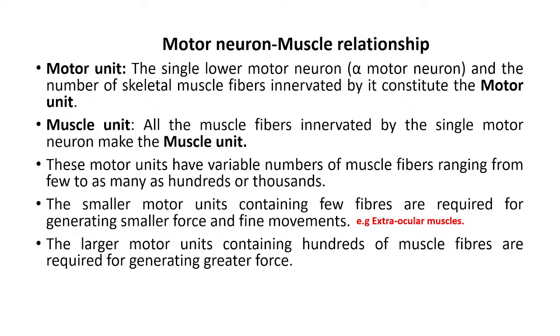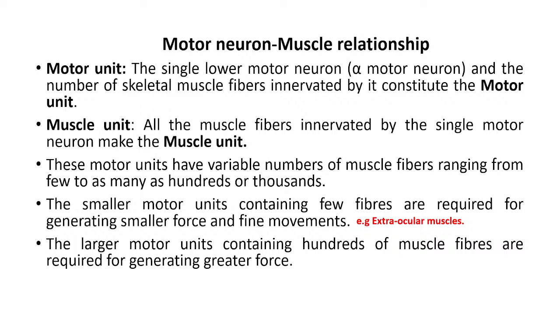Leg muscles, especially the gastrocnemius muscle, which is present in the posterior compartment of the leg. Why does it require a greater number of muscle fibers? Yes, it helps in maintaining an upright erect posture, and a consistent upright erect posture requires contraction of a large number of muscle fibers present in this muscle.